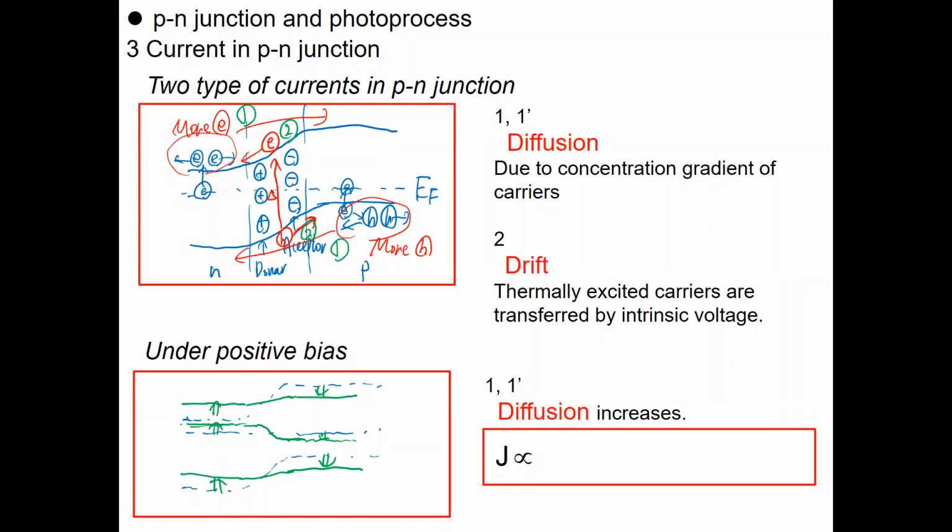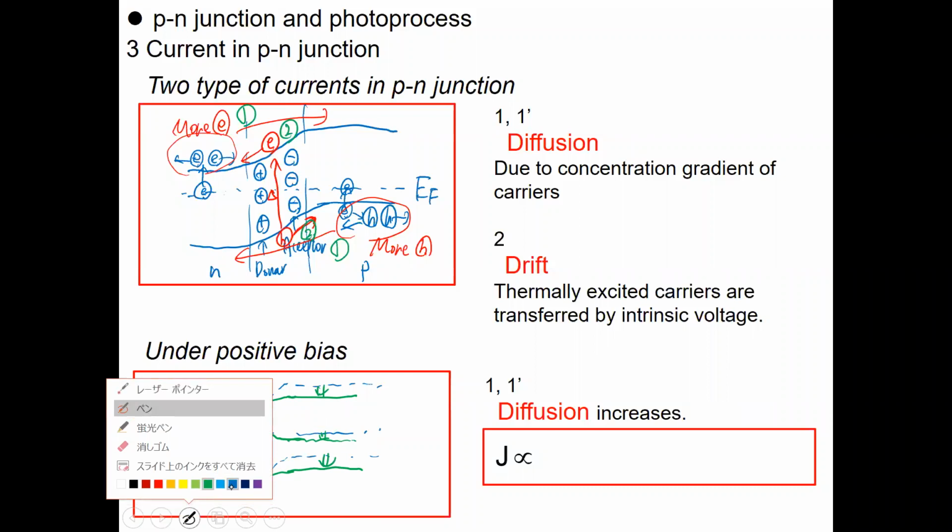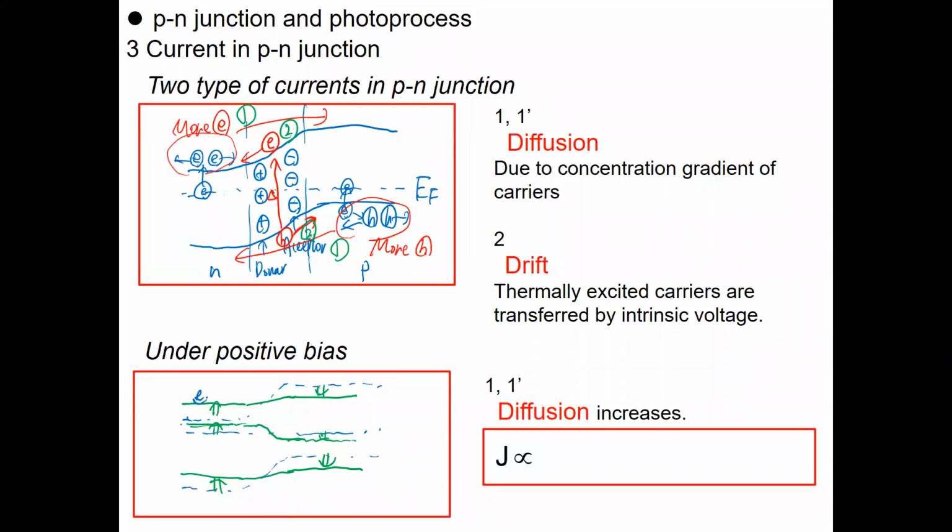So what happens here by applying the positive bias? For the diffusion process, originally there's a barrier here, but the barrier is lower. For holes too, the barrier becomes lower. That's why the diffusion process increases.